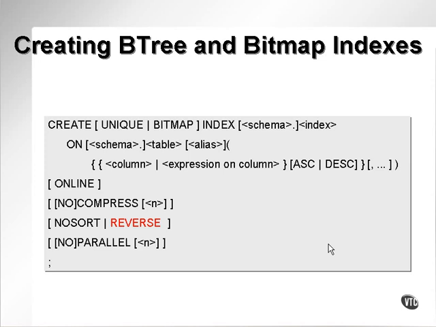The reason why a reverse index is created is in order to place rows which are using sequential key values, which would normally place the rows in the same block, in separate blocks, because the index column values are placed in the blocks based on the index values, based on the B-tree structure.